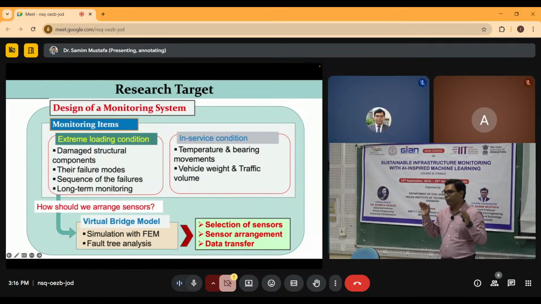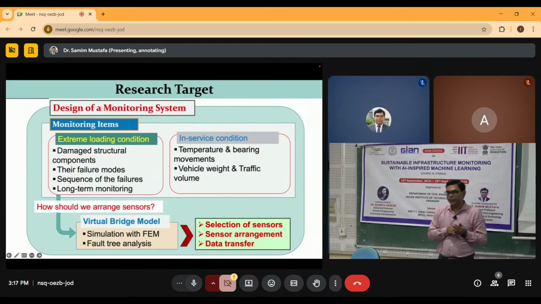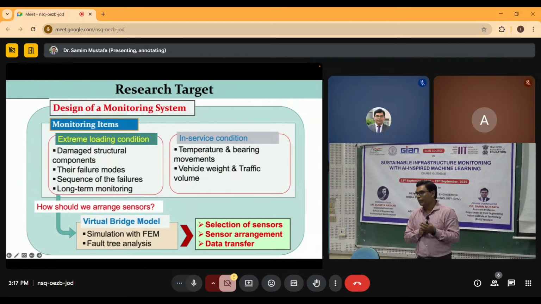So we want our important structures like dams, nuclear facilities, firefighting system buildings, police stations, hospitals and government official buildings to be safe even during a major earthquake.